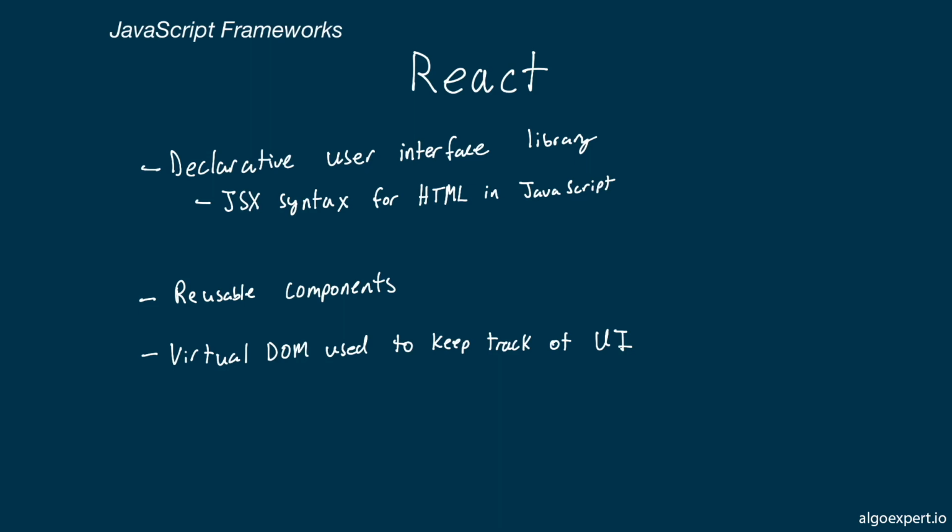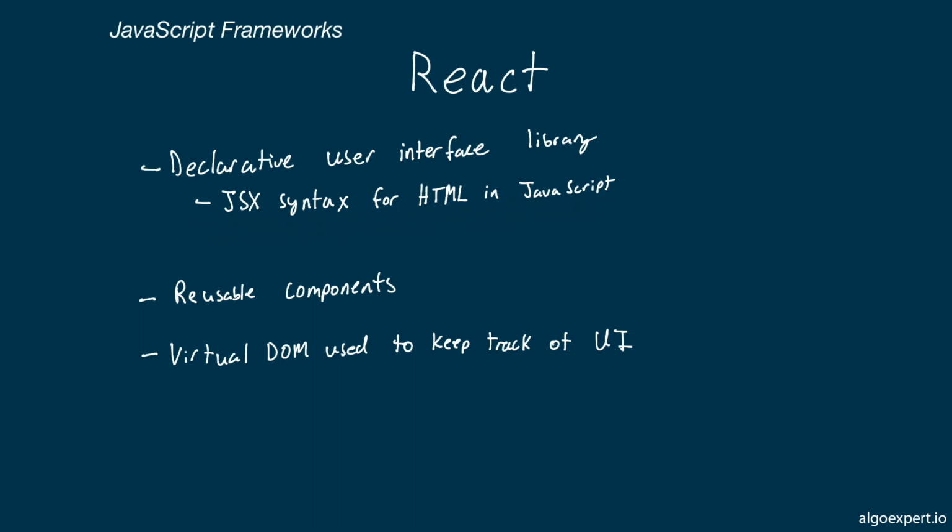Okay, so next, let's take a look at React. React is arguably the most popular library right now, and it is a declarative user interface library. So what this means is that we use React to build out user interfaces, and we use something known as JSX, or JavaScript XML syntax.